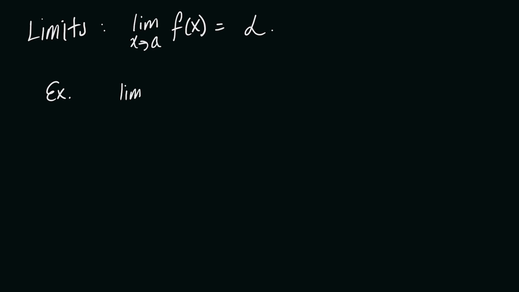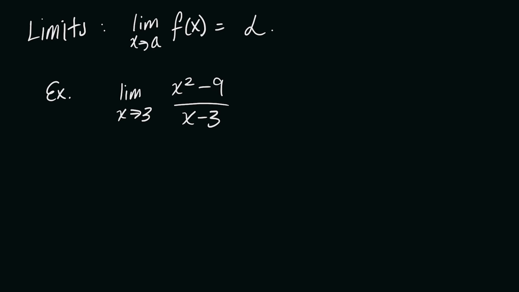The limit as x is approaching 3 of x squared minus 9 over x minus 3. Try solving this out. Hopefully you just took a moment to solve it as our little do now for today.